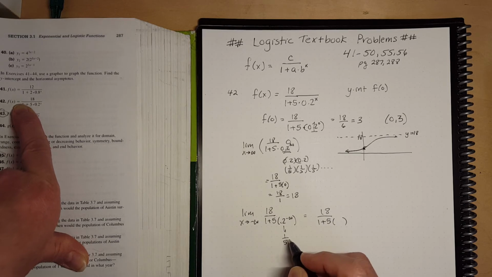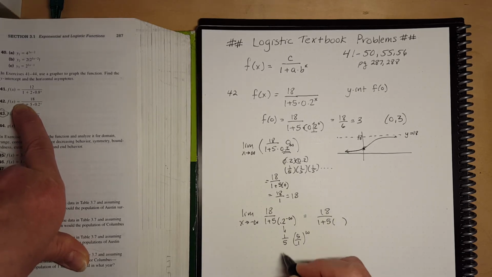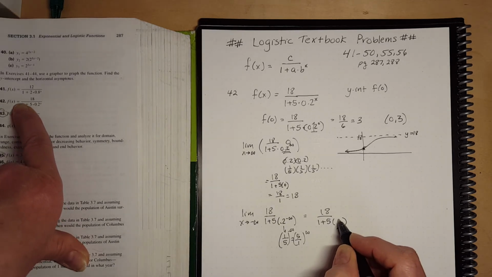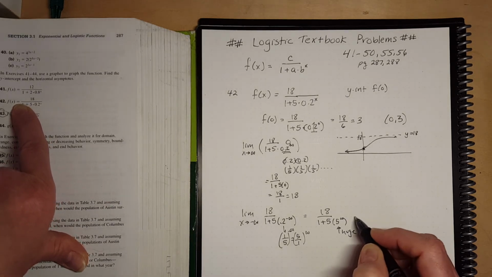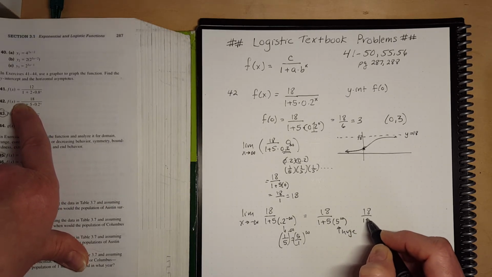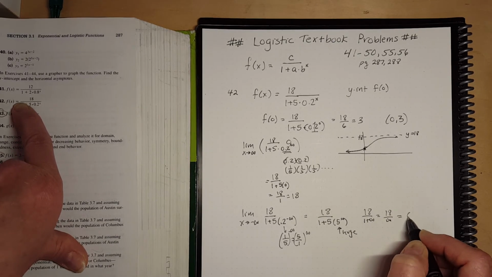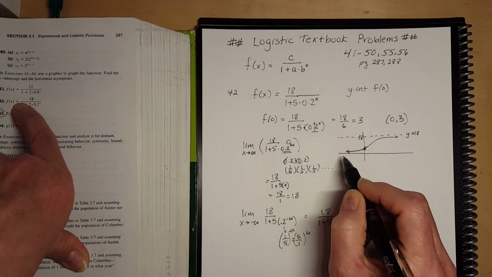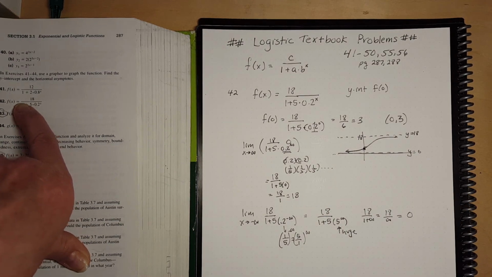If I raise that to a negative infinity, I can take that negative, flip the fraction, and raise it to a positive infinity. So this is going to be 5 raised to the positive infinity. That's huge. That's infinity. So this becomes 18 over 1 plus infinity, which is 18 over infinity, and the limit is 0. And so the other asymptote is y equals 0. And that's how you do this without your calculator.